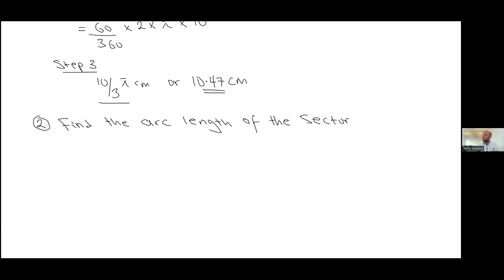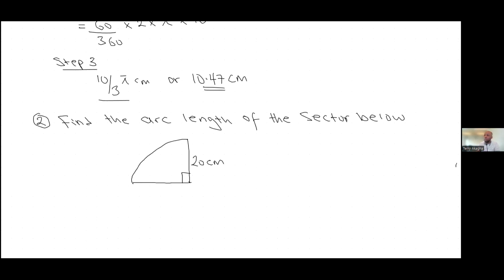So we're given this sector, and it looks something like this: you have a straight line, another straight line like this, and a curve all the way here. We're looking for the arc length, and we're told that this is 20 centimeters, and we have a sign here. So we're now told to solve this.